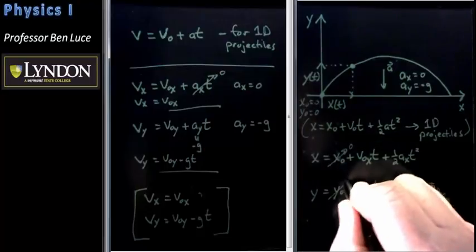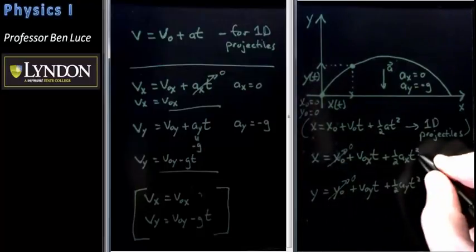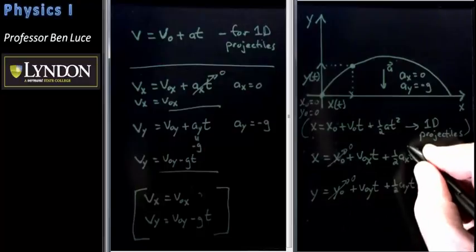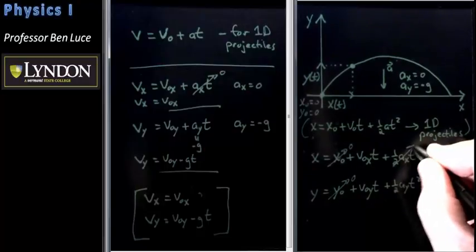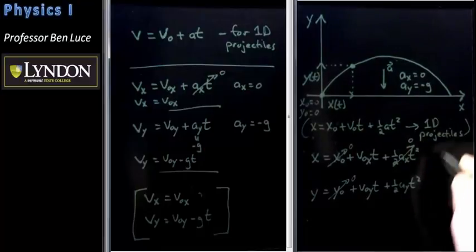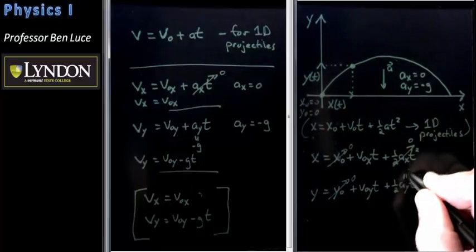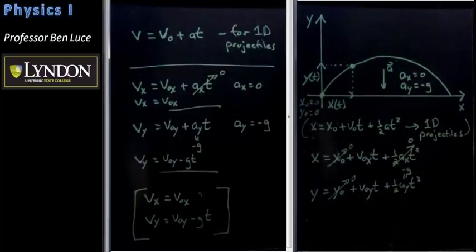So these are both identically 0. And as discussed before, a x equals 0, so this term is 0, and a y is equal to minus g.